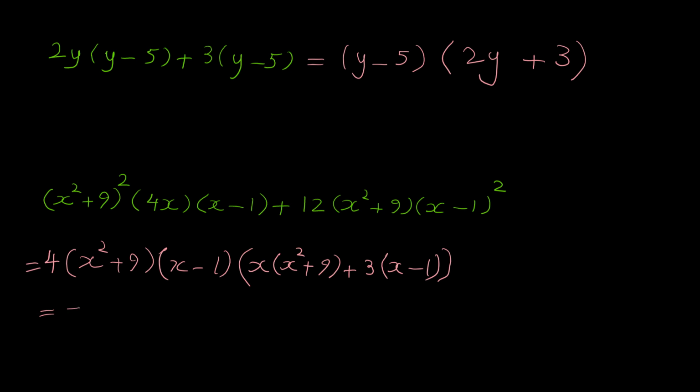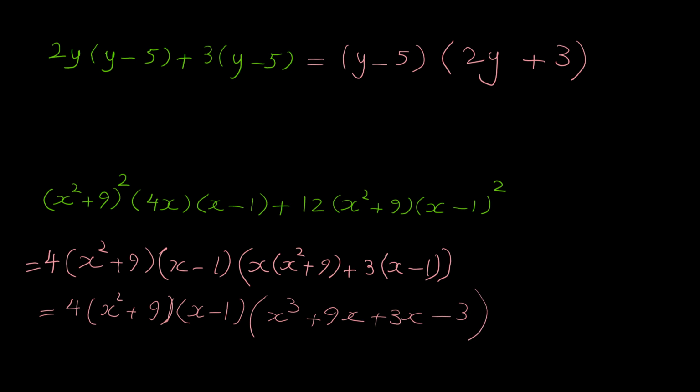So we have 4 times x to the 2 plus 9 times x minus 1 times x times x to the 2 is x to the 3. x times 9 is 9x. And then we have 3x minus 3.